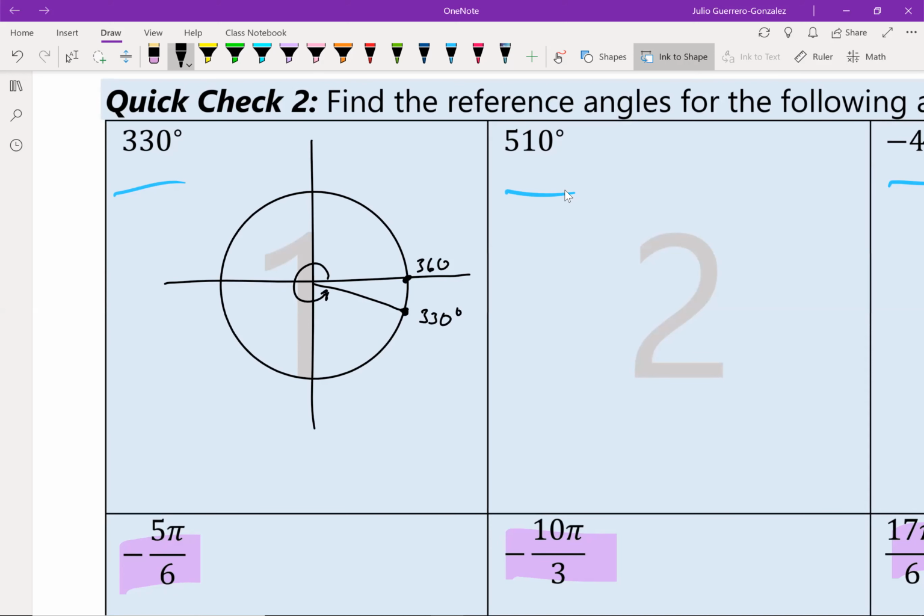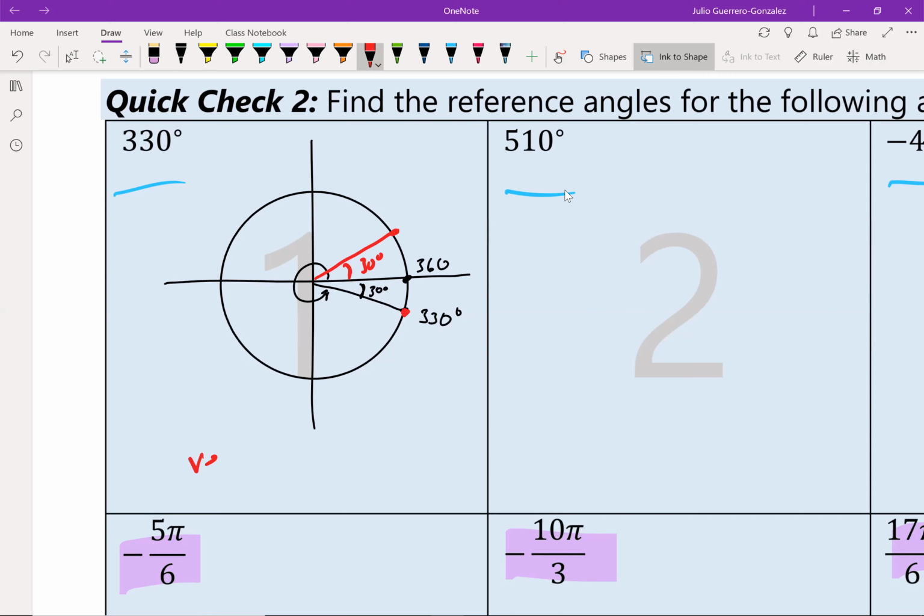So that's our angle, 330 degrees. Looks like that right there is just straight out 30 degrees. That becomes our reference angle here. So if we need values for 330 degrees, we can just look at 30 degrees and make the changes appropriately, right?